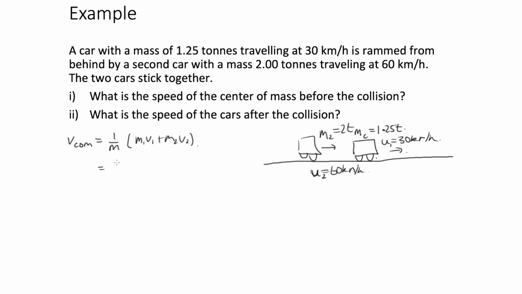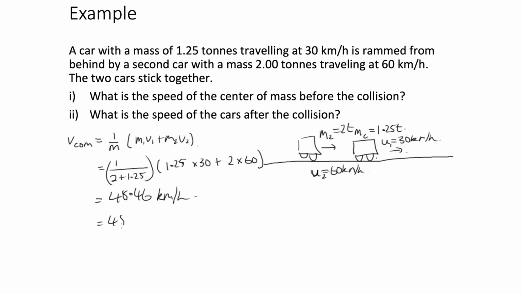And so we can say this is 1 over 2 plus 1.25, that's 1 over the total mass, times m1, which is 1.25, times 30 plus 2 times 60. So this is equal to 48.46 kilometers per hour, which is about 48 kilometers per hour.